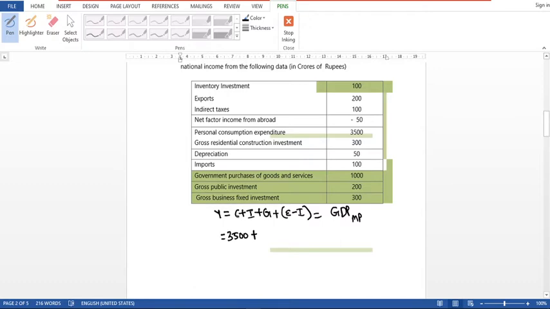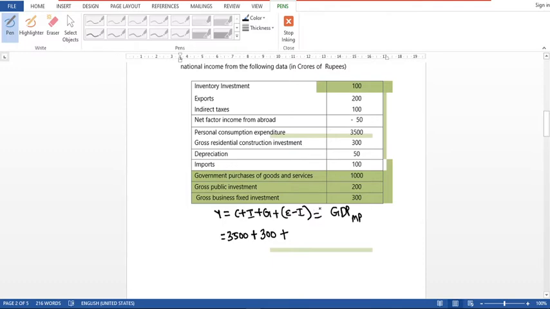This is also included in C. Is it alright? Which is nothing but 300. Depreciation is not added. Is it alright? See, depreciation is already added in all these figures. If we remove depreciation, we will be getting net domestic product. So right now we are not finding out net domestic product.